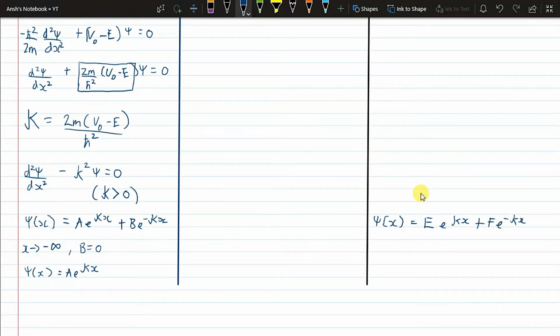Again here capital E and F are arbitrary constants, and similarly, say x was tending to plus infinity as region 3 does, the first term would blow up to infinity, hence our wave function would blow up, which we do not want. So this gives us the fact that E is equal to 0, and we end up with a wave function psi of x equal to F e raised to minus kappa x.